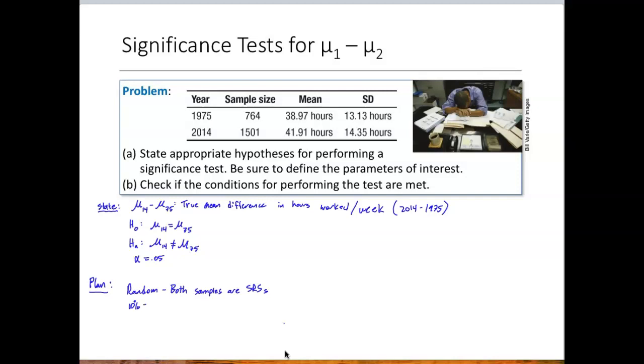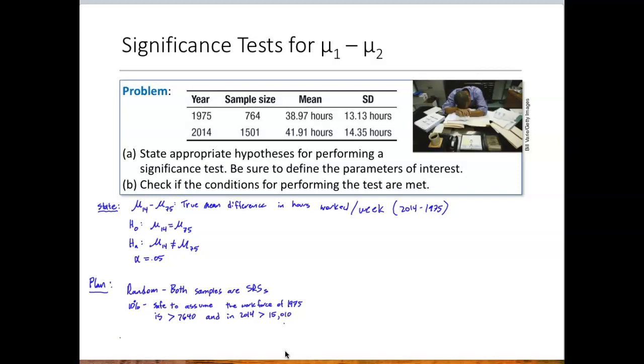I'm going to say it's safe to assume the workforce of 1975 is greater than, and just multiply your sample by 10, so 7,640, and in 2014 is greater than 15,010.